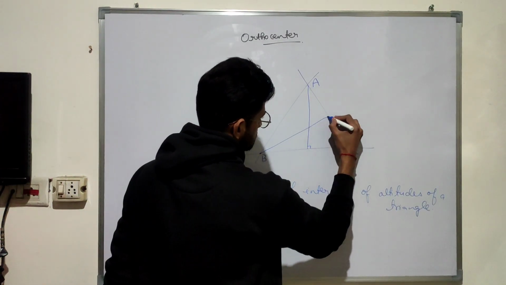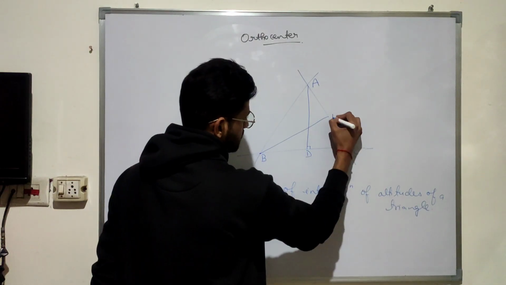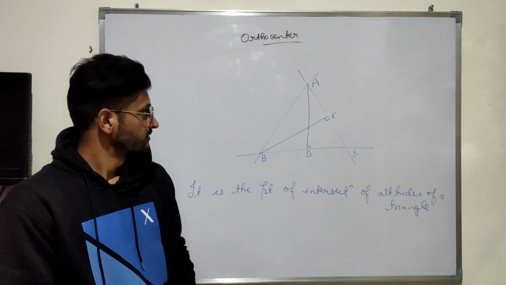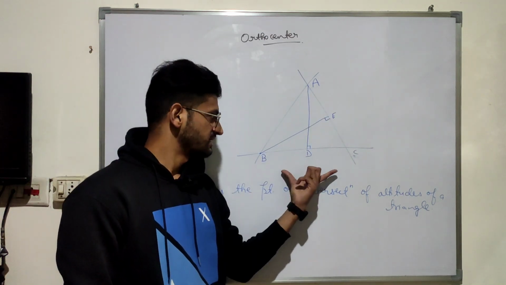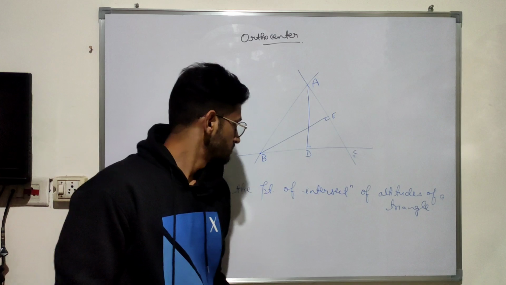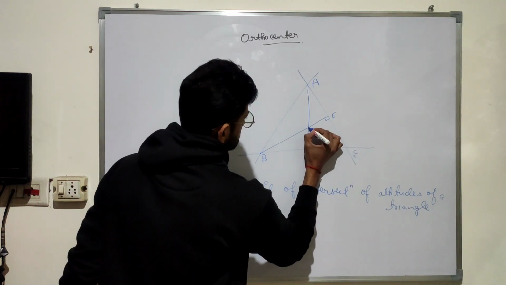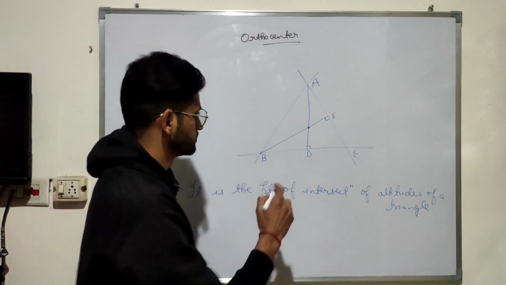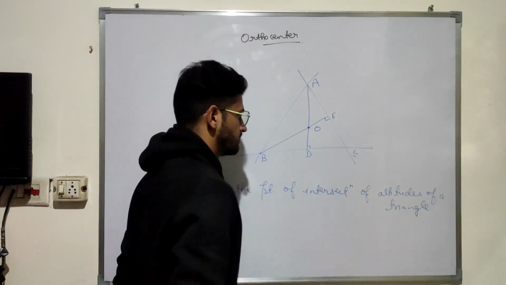Let's say this point is D and this point is E. Here we are drawing the altitude from point A to side BC. Now AD is perpendicular to BC. We get a point of intersection here, and we will name it the orthocenter, O.